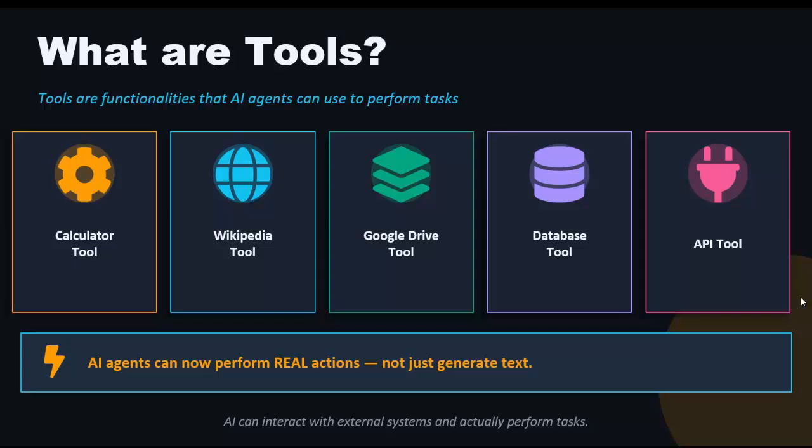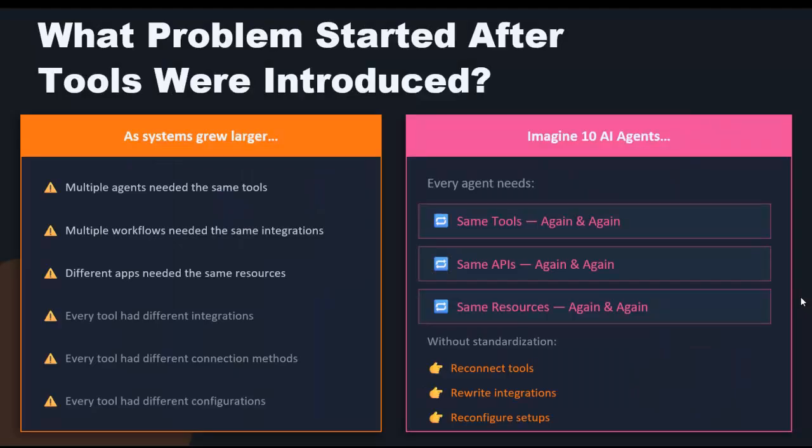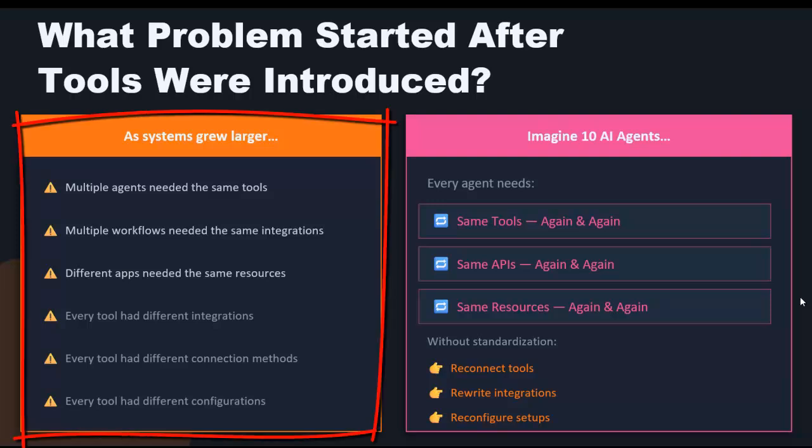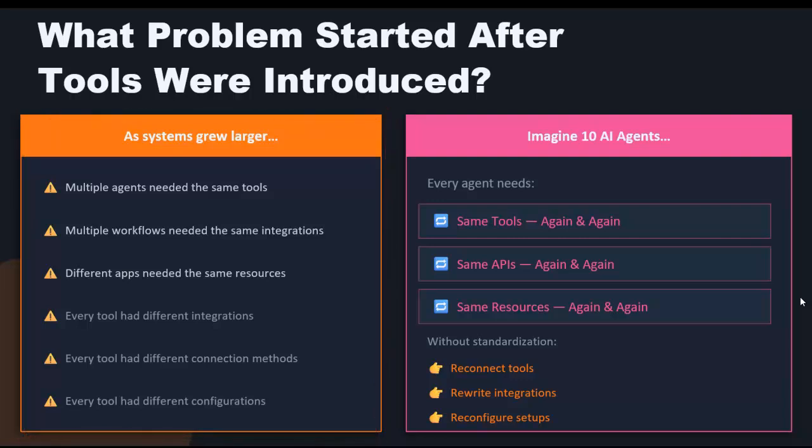So now let's discuss what problems started after tools were introduced. Initially, connecting a few tools was easy. But as AI systems became larger and more advanced, things slowly started becoming complicated. Because now multiple agents needed the same tools, multiple workflows needed the same integrations, and different applications needed access to the same resources. Then what will happen?